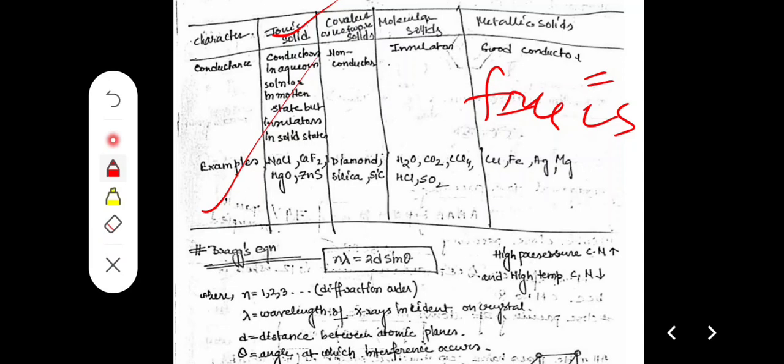Molecular solids, for example: water, carbon dioxide, carbon tetrachloride CCl4, HCl (hydrochloric acid), and SO2 (sulfur dioxide). Metallic solids: copper, Fe, Ag meaning silver, and magnesium.